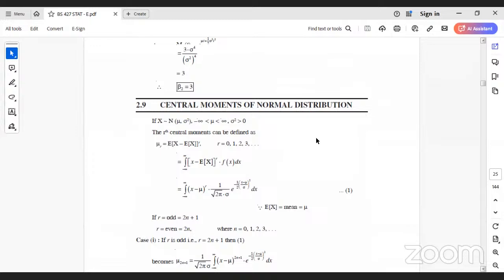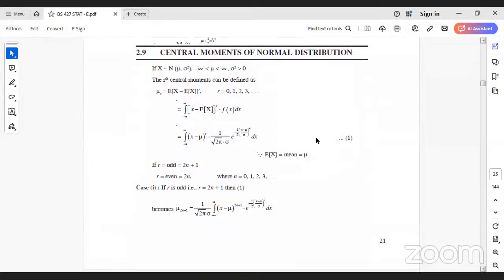You know that E(x) is equal to the mean, which is mu. So r is either an odd number, 2n plus 1, or an even number, 2n, where n is equal to 0, 1, 2, 3. First we are taking the odd number, r is equal to 2n plus 1.